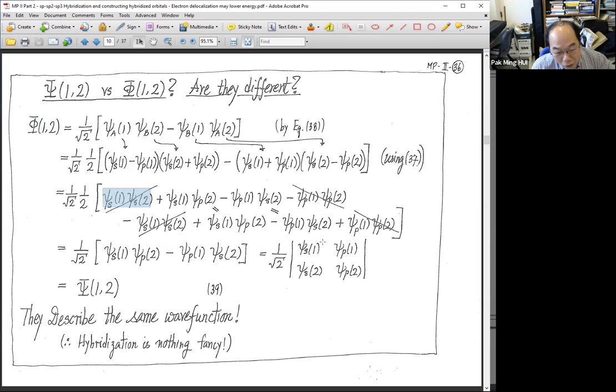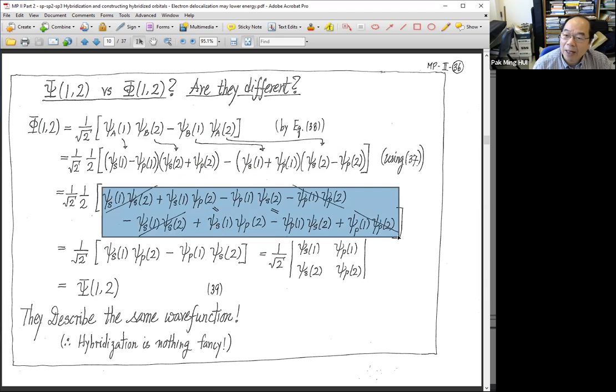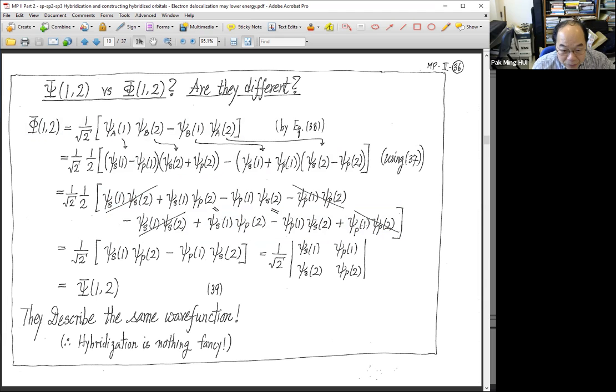I write down all the terms for you, multiply them out. Then you will see there are some cancellations, and then there are terms that are exactly the same and then add up. So you just add them up, okay? At the end, you get that. And that is just the Slater determinant. There's such thing.